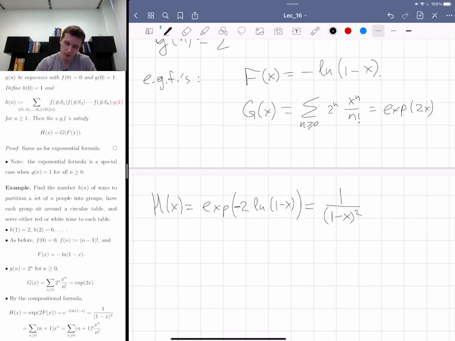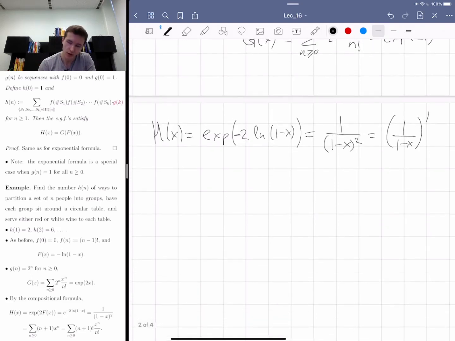Now, as mentioned in the previous lecture, I can view this as the derivative. This is the derivative of 1 over 1 minus x, prime, right? So okay, I know how to take derivatives in the land of formal power series. 1 over 1 minus x is just the sum of x to the n.